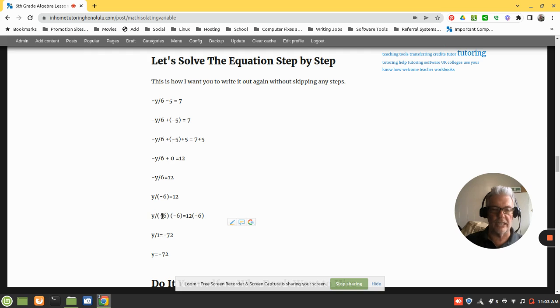Because we're getting rid of this here, 1 over negative 6 times negative 6 over 1 is going to give us 1. So now we're left with y divided by 1 equals negative 72. What is any number divided by 1? That number, right? So now we get y equals negative 72. You did it. And that's the whole thing.